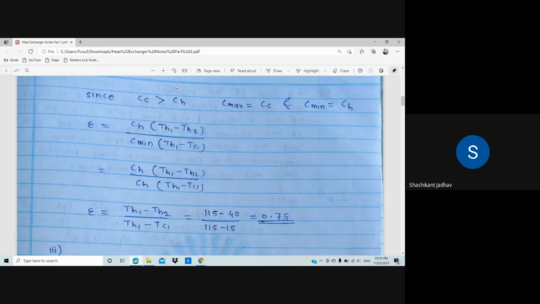We get the value of effectiveness, that is 0.75.